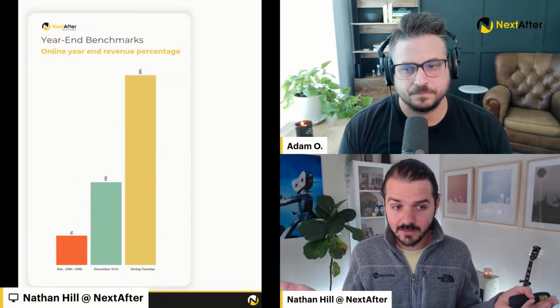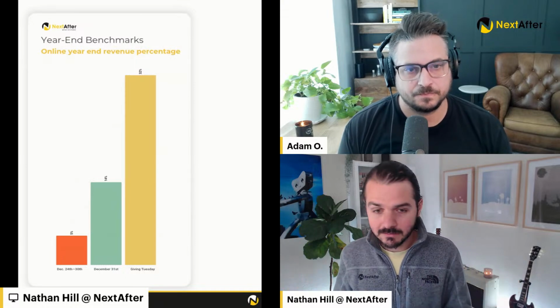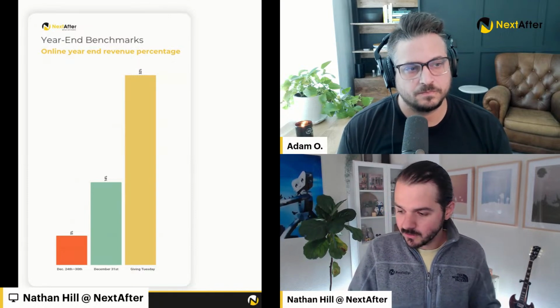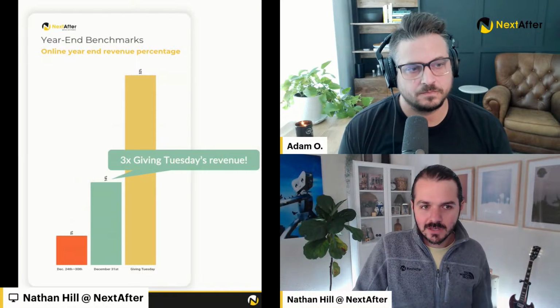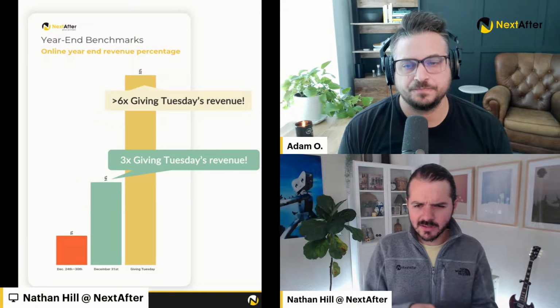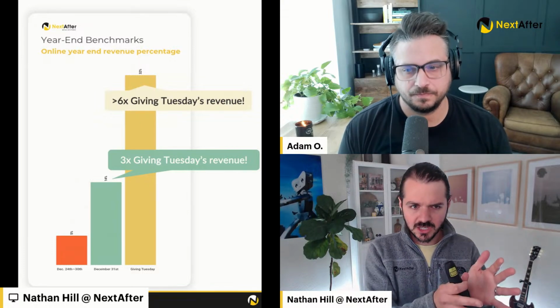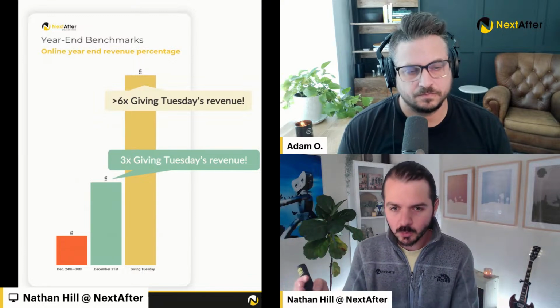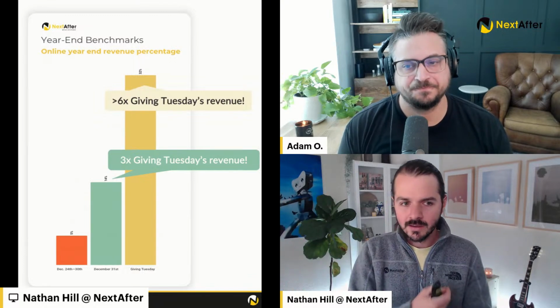It's pretty significant. But if you go look at December 31st, it's nearly 3 times as much revenue that's at stake on the last day of the year. If you weave in the last week of the year, December 31st is 14%. The full week before that is an additional 32%, which is 6 times more than Giving Tuesday.